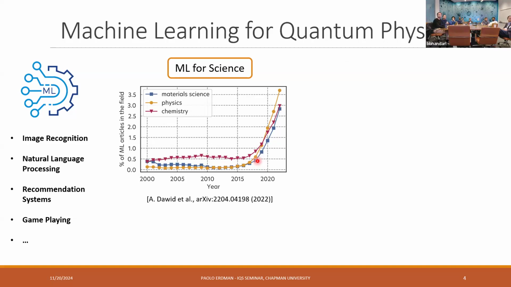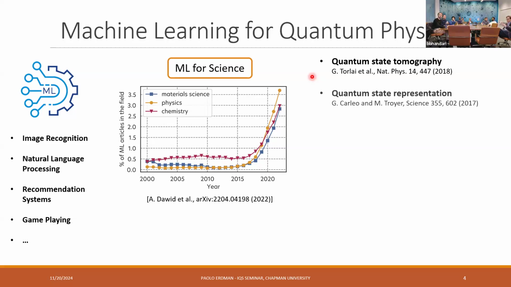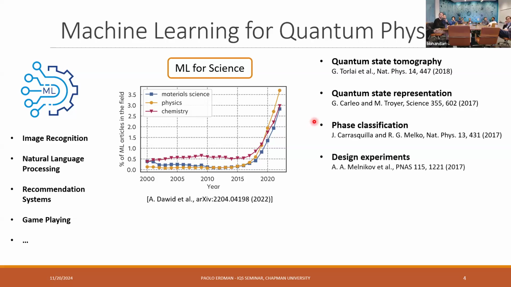Specifically in quantum physics, there have been many applications. It's been used, for example, for quantum state tomography, so how to reconstruct a quantum state from the measurement outcomes. It's been used for quantum state representation, to build very flexible ansatz to represent a wave function classically. It's been used for phase classification, to distinguish, for example, the phase of matter by just looking at the system.